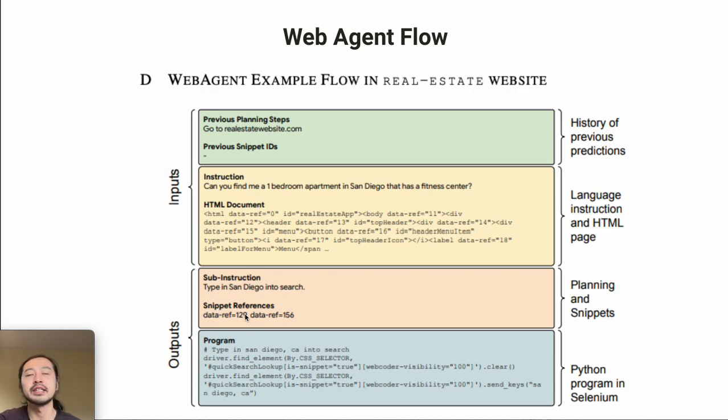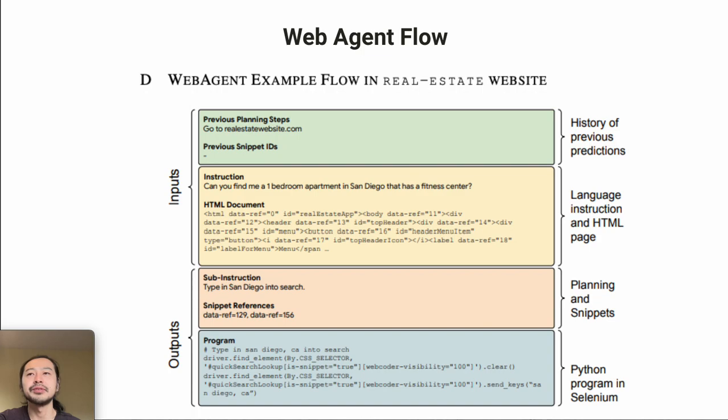These are used as HTML tags for another model to generate Python code to interact with the HTML. So it's divided into the history of previous predictions, the language instruction as well as the HTML page, and then the planning and snippets, and this is the Python program that gets executed with Selenium.